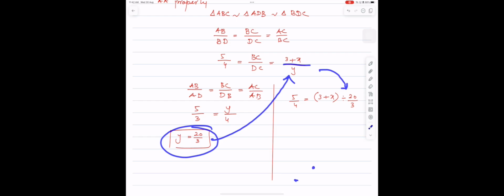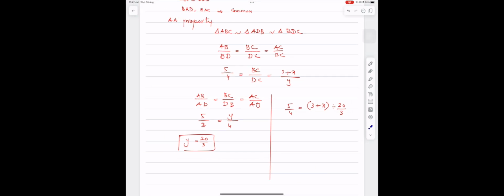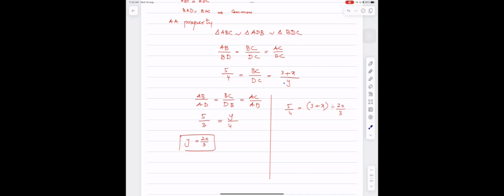And I have put this value here. Now you can take its reciprocal. When you convert division into multiplication, you take its reciprocal, and that is 5 over 4, which is equal to 3 plus x multiply 3 over 20.